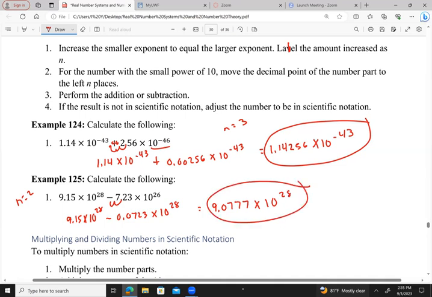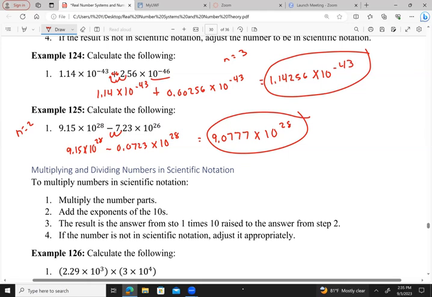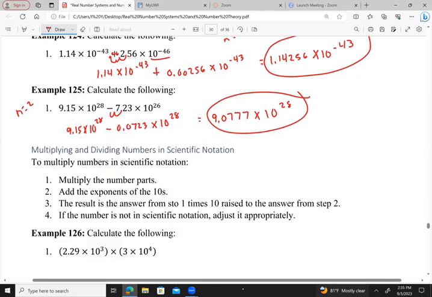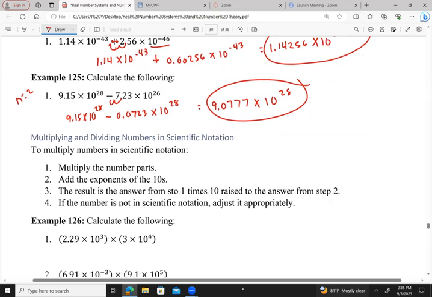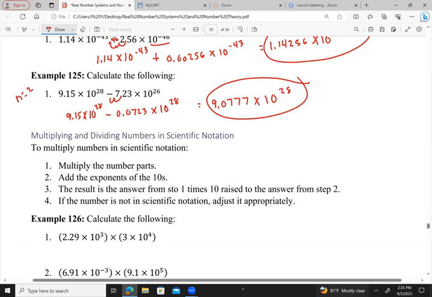Okay, next up, we're going to multiplying. To multiply numbers in scientific notation, multiply the number parts and add the exponents of the tens. The resulting answer from step 1 times 10 raised to the answer from step 2. If the number is not in scientific notation, adjust accordingly.